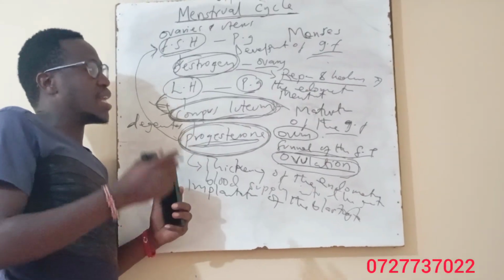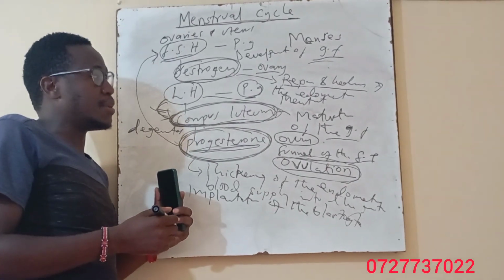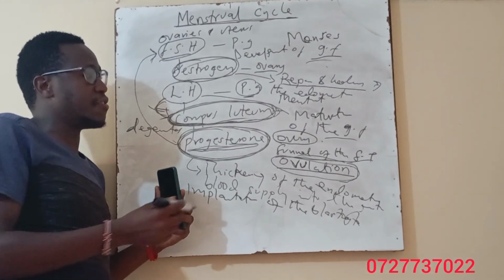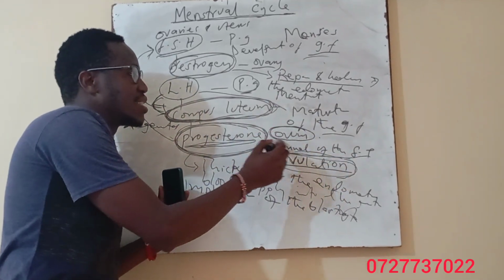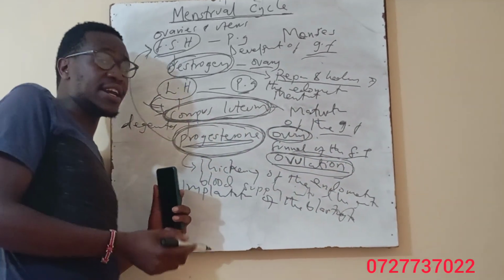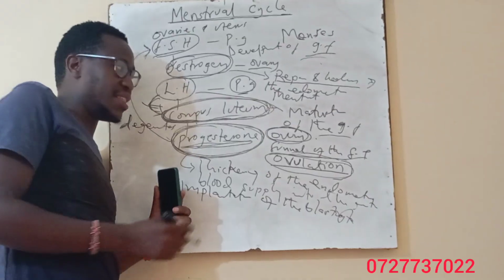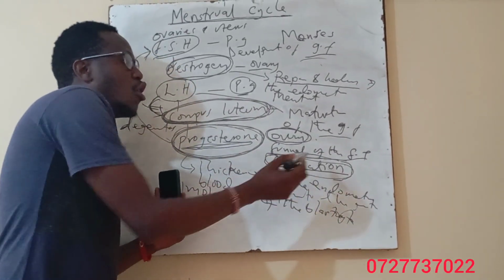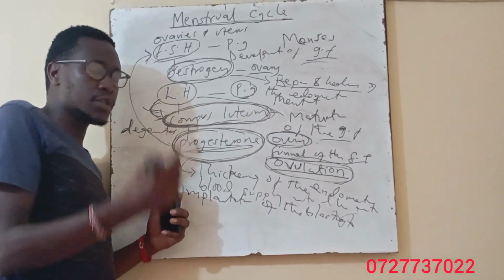The mature Graafian follicle releases an ovum into the funnel of the fallopian tube, and this is known as ovulation.